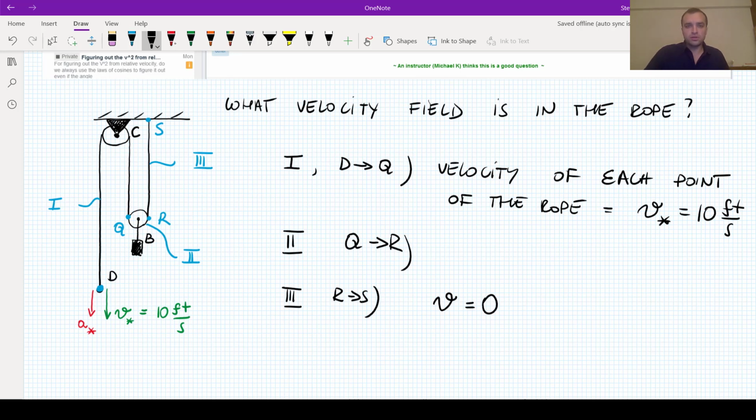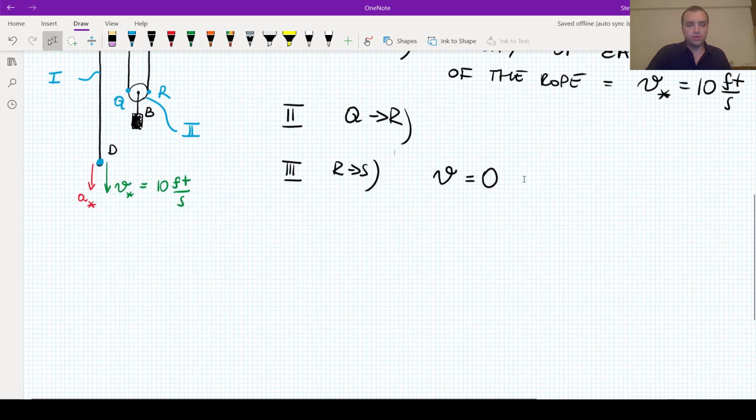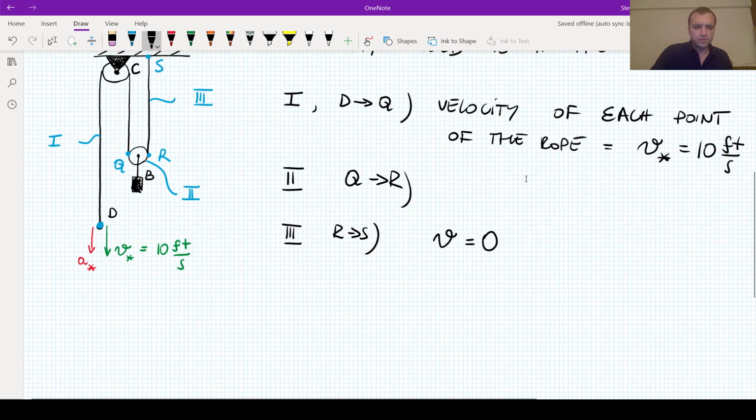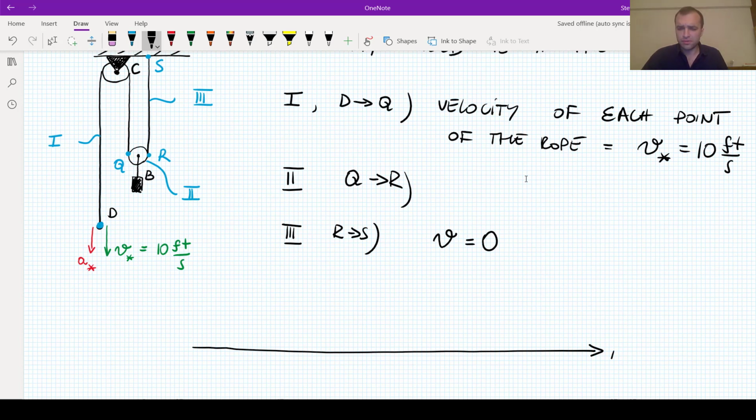Let me illustrate it on this picture. But before I illustrate it, I just would like to draw a plot. So in here we will have length of the rope, and here we will have velocity.